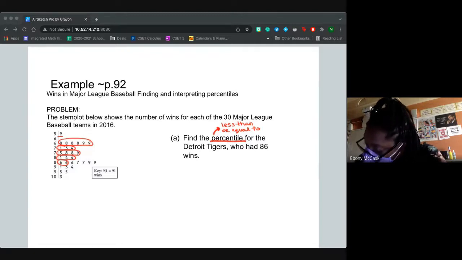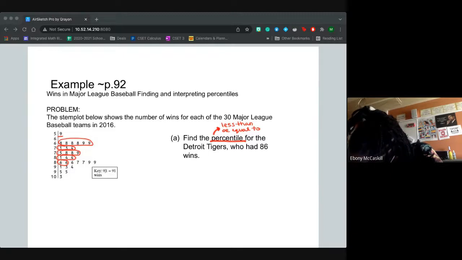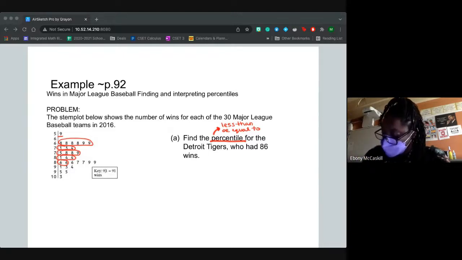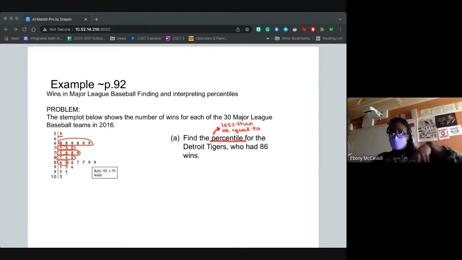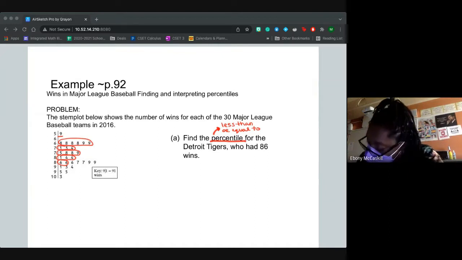Let's count it again. 1, 2, 3, 4, 5, 6, 7, 8, 9, 10, 11, 12, 13, 14, 15, 16, 17, 18, 19. Oh, I missed the 86. 20. So make sure that you include all duplicates. Duplicate means that it's a copy. So in this case, I needed to get all of the 86s. There were 20 of them.